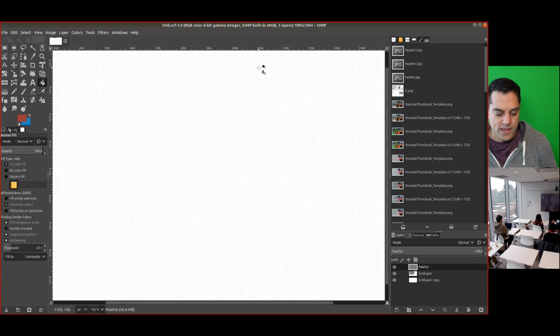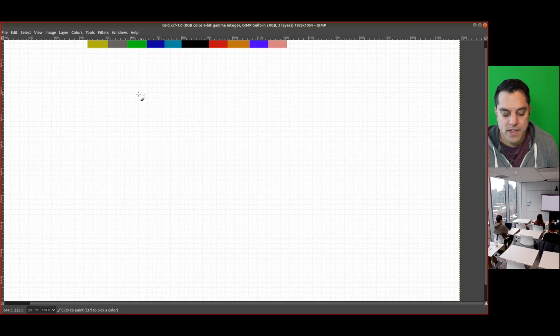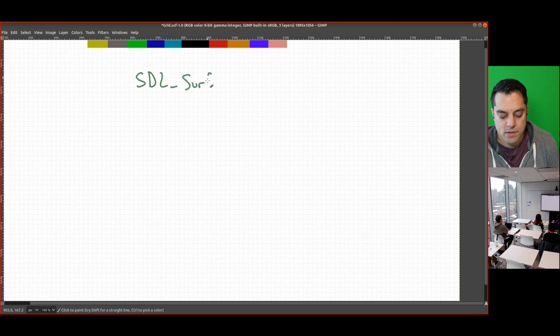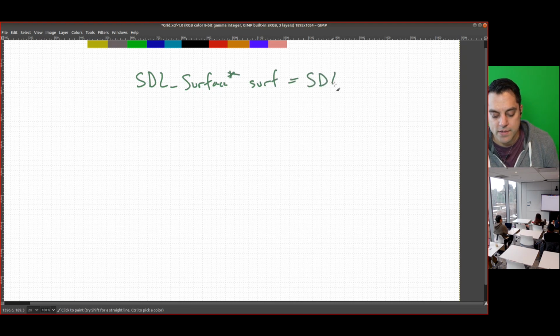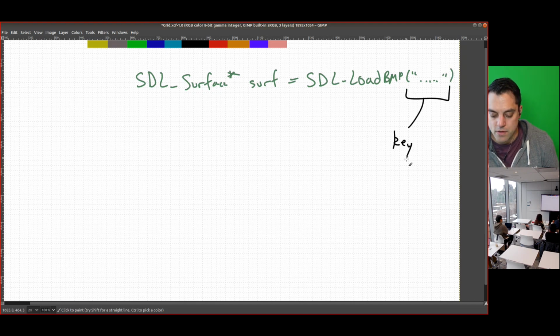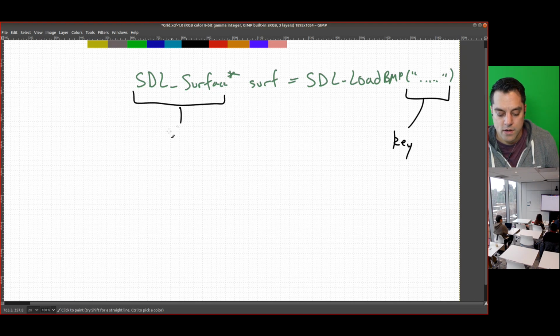What do folks think about that? Meaning, for the SDL surface, right? Whenever we've loaded that, we have some surface here. We call the SDL load BMP function, and then we have a unique string here. So this is our sort of key, and then this is our value.